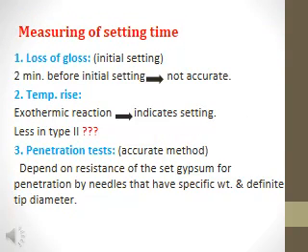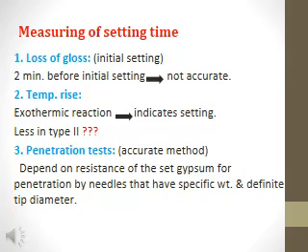Measuring the setting time. How could we measure the setting time? Number one, loss of gloss. As I told you before, it indicates the initial setting, but this is only practical, not very accurate, because the loss of gloss actually occurs 2 minutes earlier than the initial setting. Number two, the temperature rise.